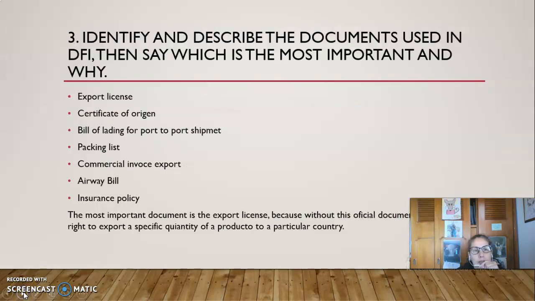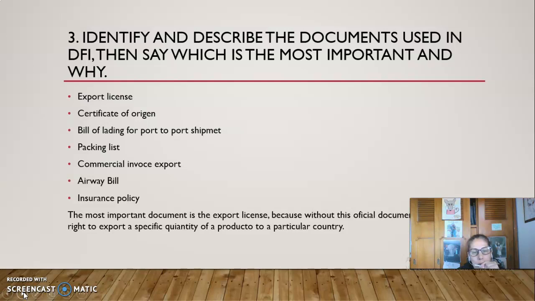Three: Identify and describe the documents used in the DFI, then say which is the most important and why. Export licenses, certificate of origin, bill of lading for port to port shipment, packing list, commercial invoice, export invoice, insurance policy.